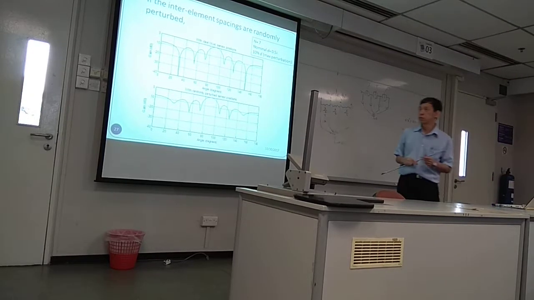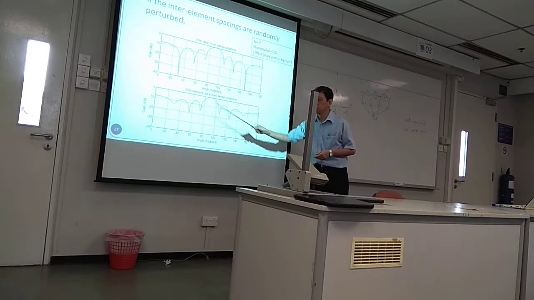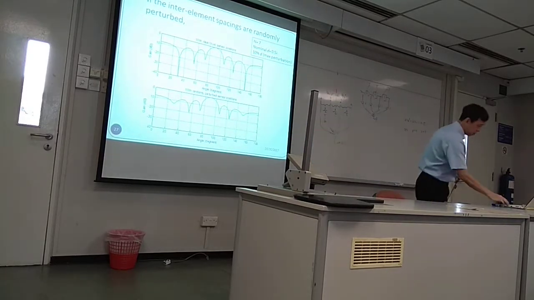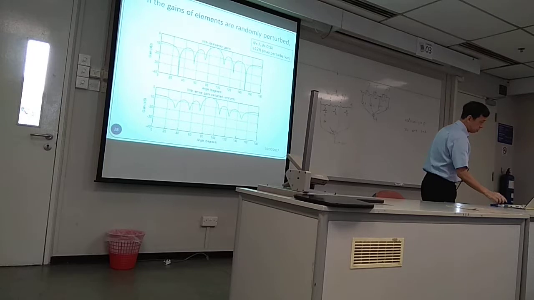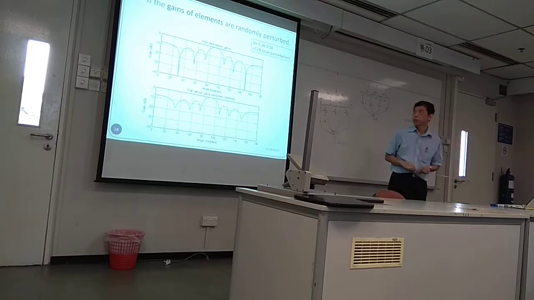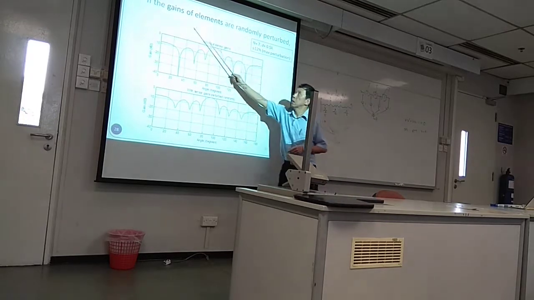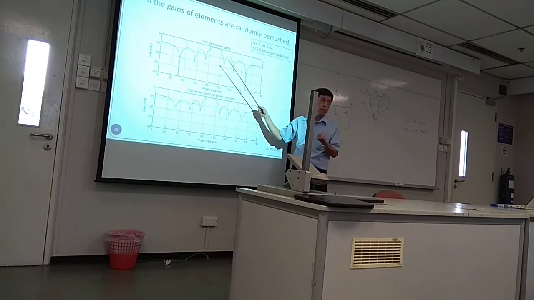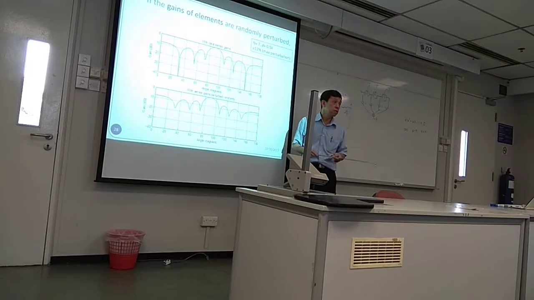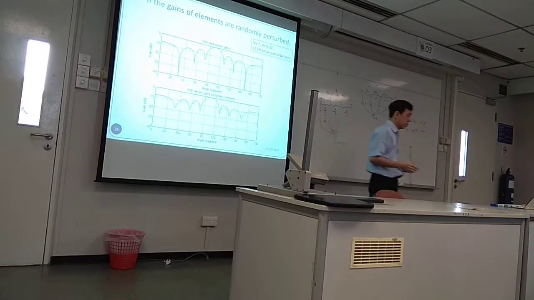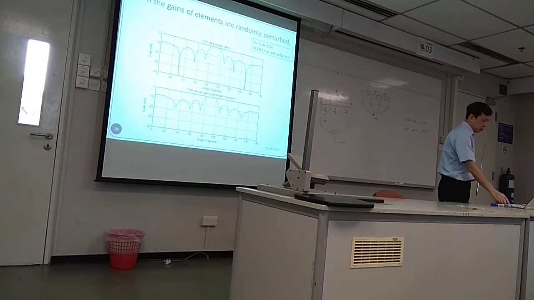Alright? And as a result, you find that the beam pattern will not be the same as the theoretical beam pattern. And that is called perturbation or errors. So perturbation may be in terms of physical mounting, it may be in terms of the gain, the electrical gain and phase of the individual element. So that is called gain phase perturbation.